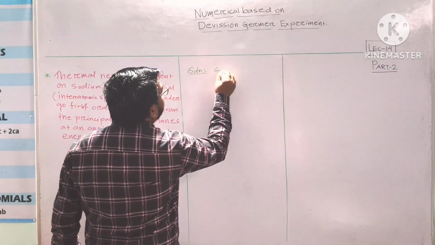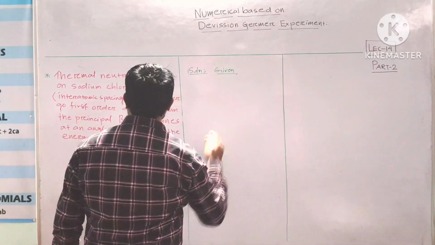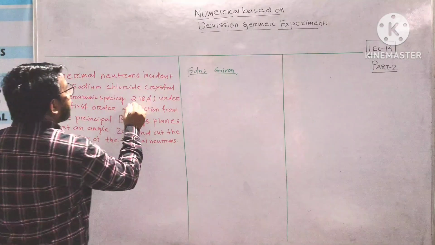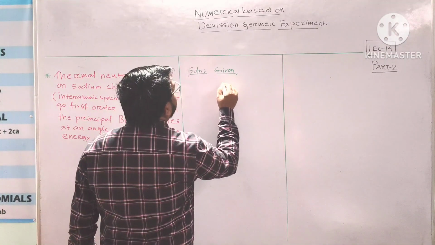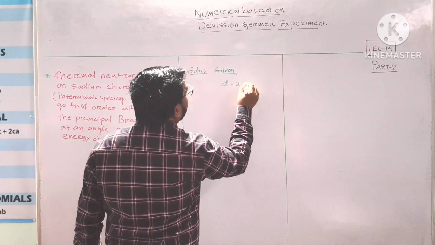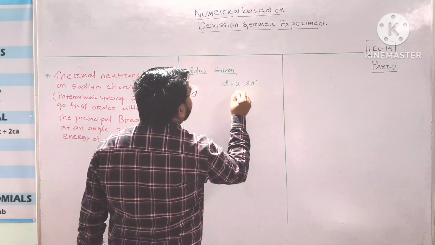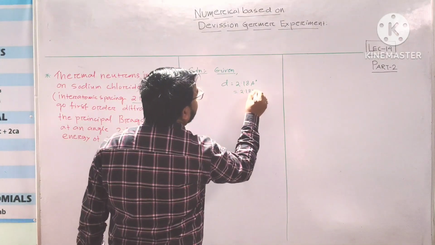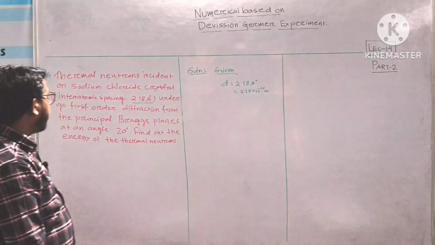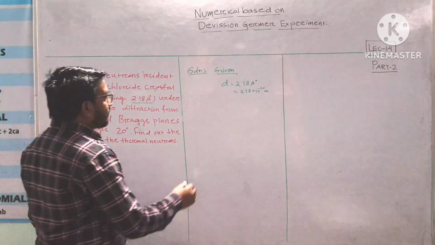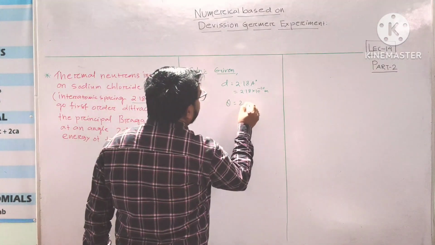Solution. Interplanar spacing is 2.18 angstrom. So d equal 2.18 angstrom, and this is equal to 2.18 into 10 to the minus 10 meter, because we know that 1 angstrom equal 10 to the minus 10 meter. And glancing angle theta equal 20 degree.